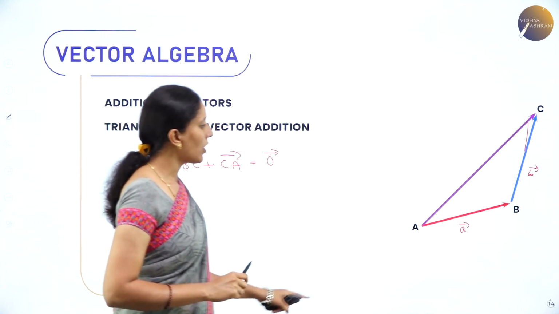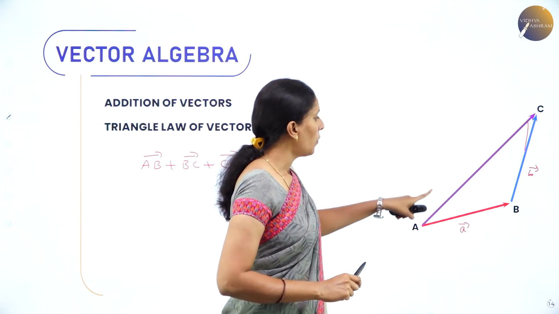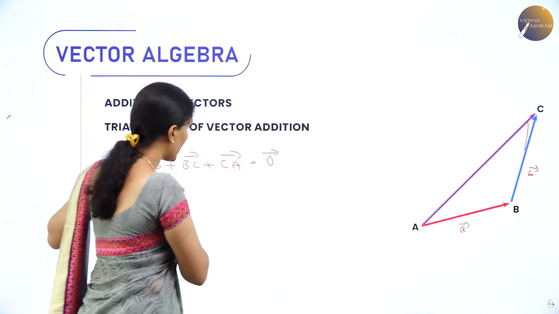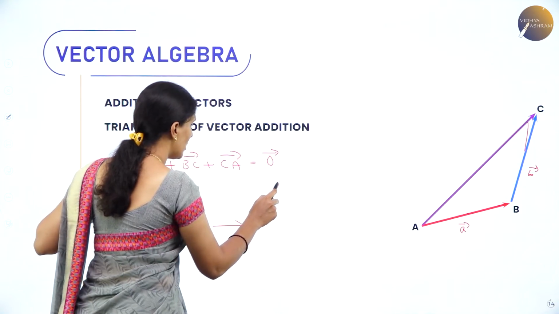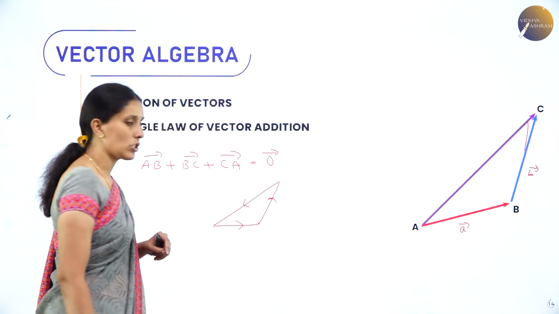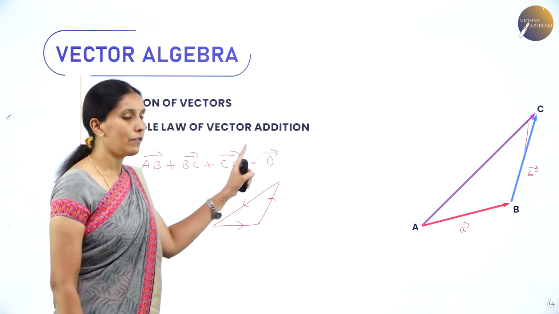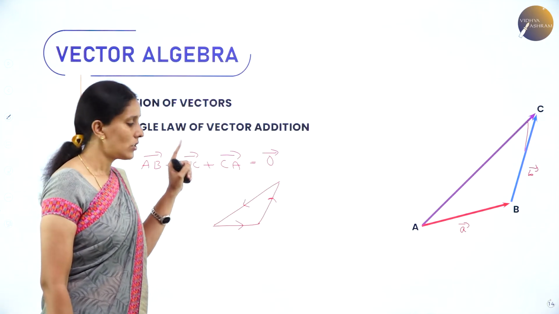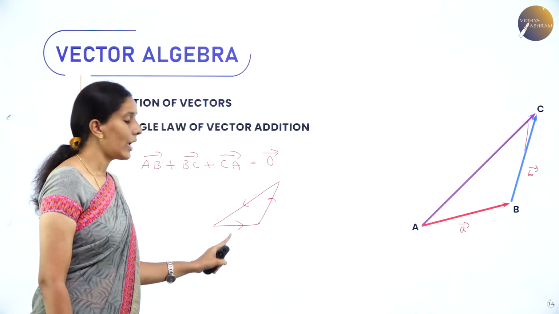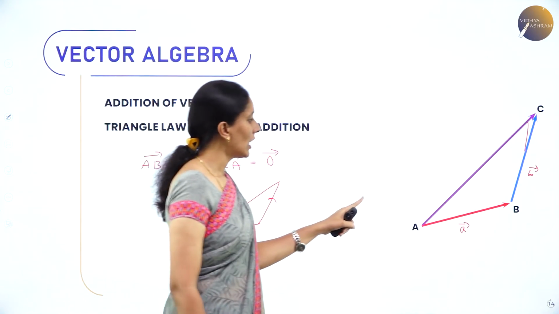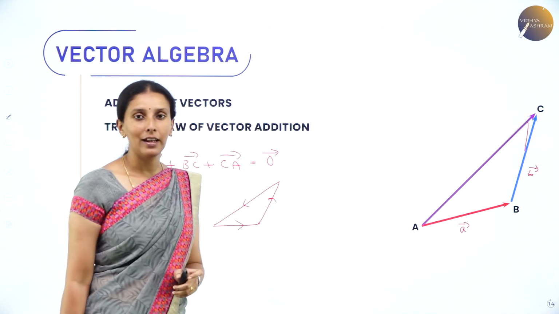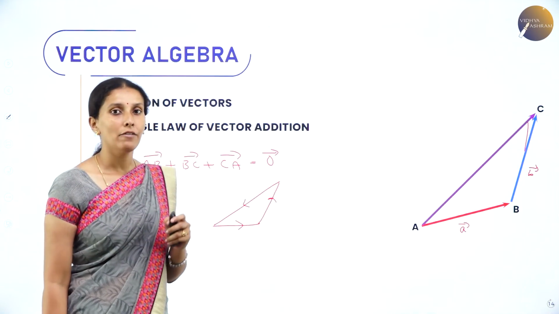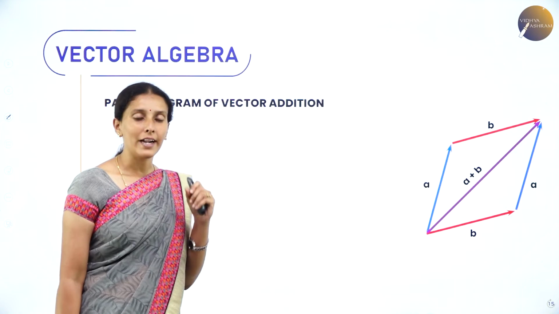That is, when you add all the sides in this form, AB in this direction, BC in this direction and CA in this direction, the resultant gives you the null vector. Therefore, the sum of any two vectors is always the third side of the triangle, which is the triangular law of addition.